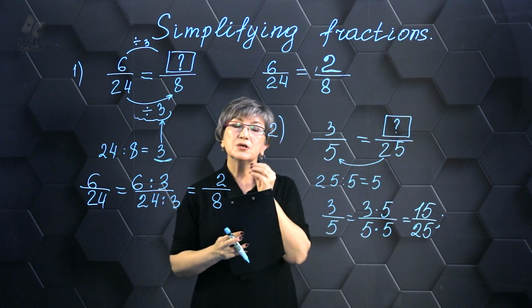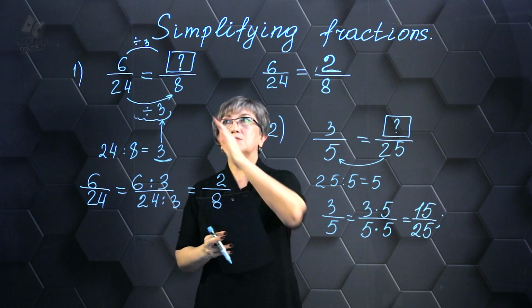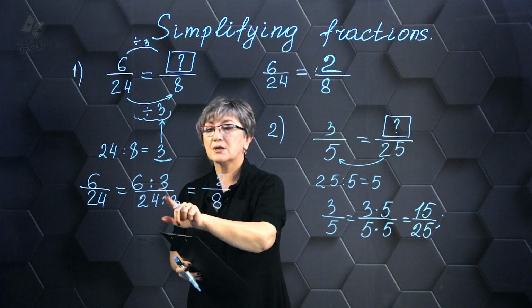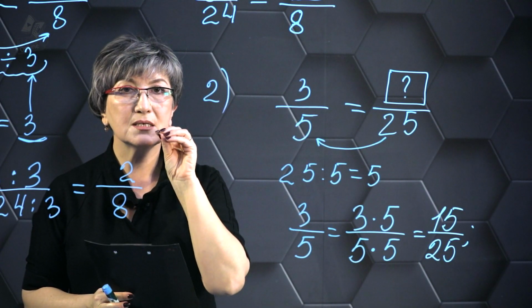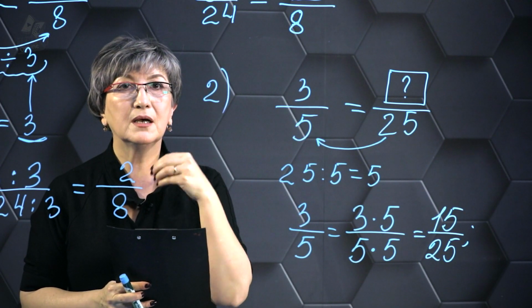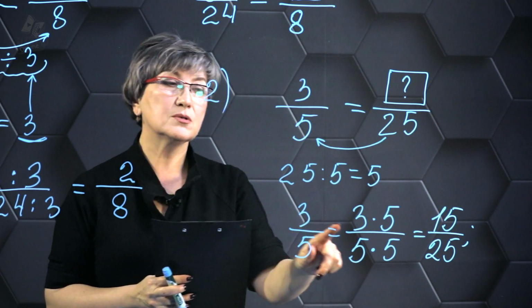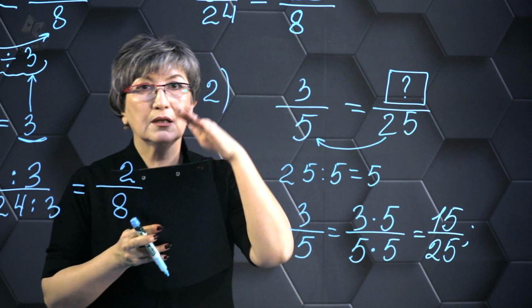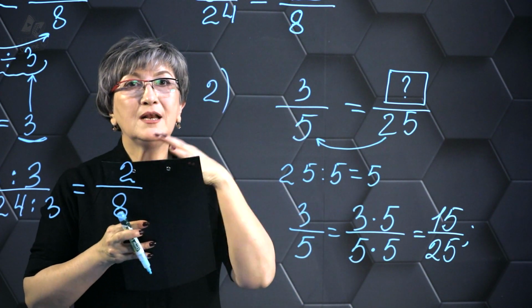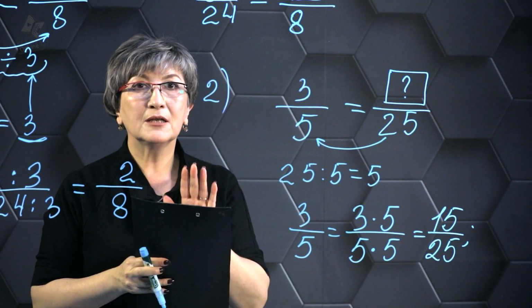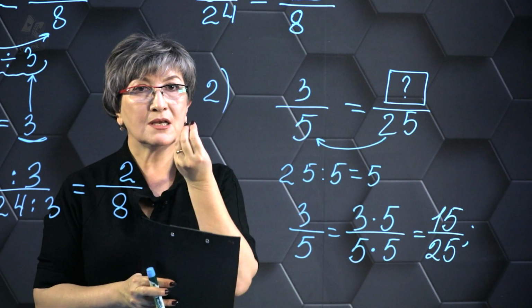What did I want to show in this case, guys? The thing is, we don't always divide by a certain number. Every time before, we divided to simplify the fraction. But this rule also applies when we increase the fraction. That is, we can make any fraction larger, more precisely increase the numerator and denominator. But the fraction itself will not change.